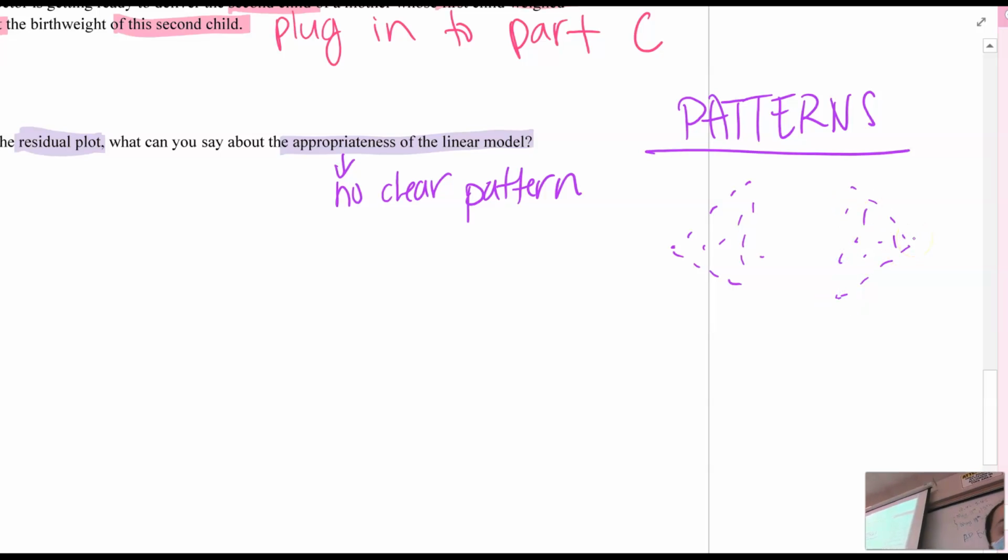Those are patterns, so you say it's not appropriate. And then the other one is if it curves kind of like a parabola. It's very obvious that it looks like a parabola. Those are the curves, so those are not appropriate, okay?